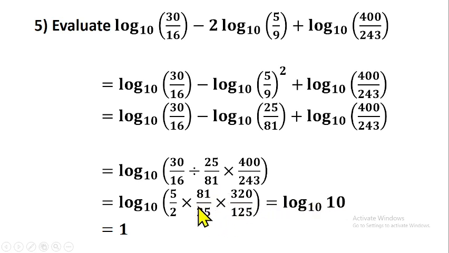Then how many times can we raise 10 to get 10? That gives us 1. So if you simplify this, you just invert this 81 over 25, start cutting, start reducing it, then you will get log 10 base 10, which gives us 1 in this case.